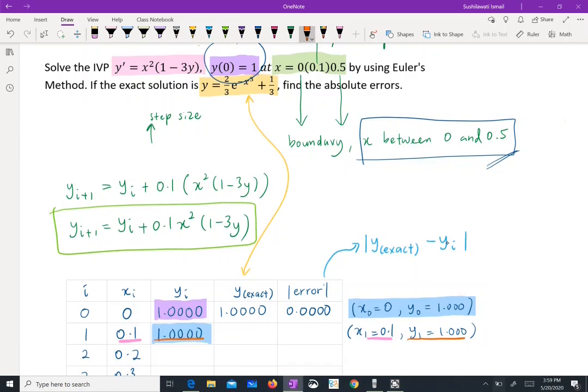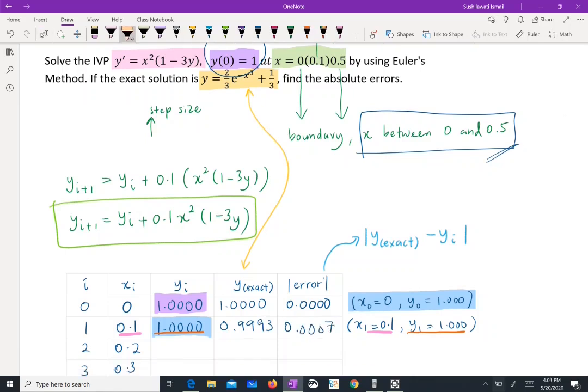To calculate the y exact, just insert the value x equals 0.1 into the equation highlighted in yellow. So we will get 0.9993, and our error now is 0.0007.